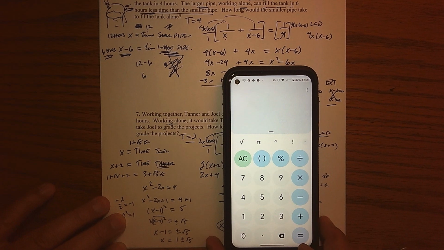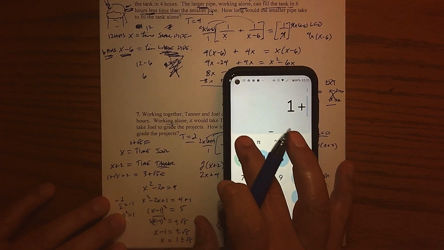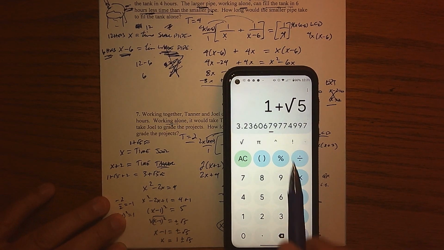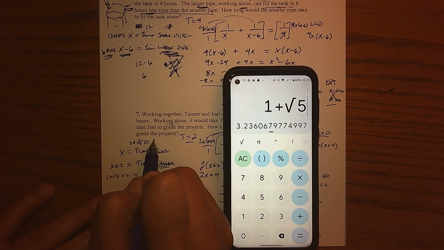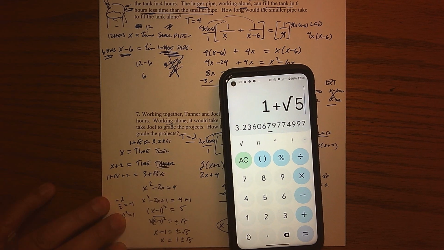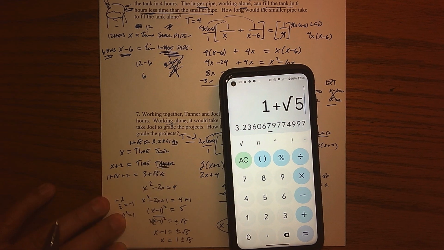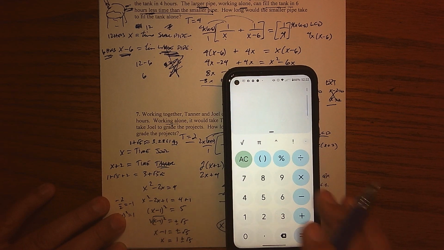So this is my cell phone, if that's okay. So we've got 1 plus the square root of 5. It looks like it's giving me 3.23. How about I go out to 4 decimals? Looks like 3.2361 hours. And as far as Tanner is concerned, let me clear that out.